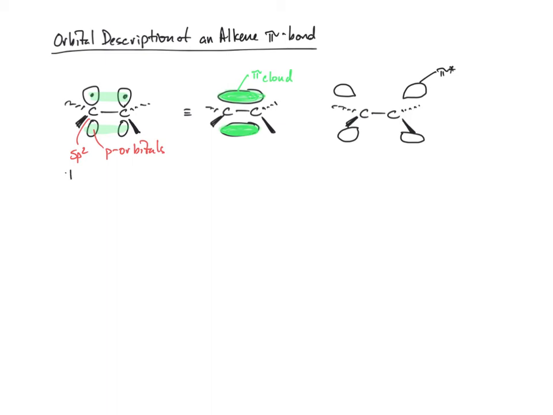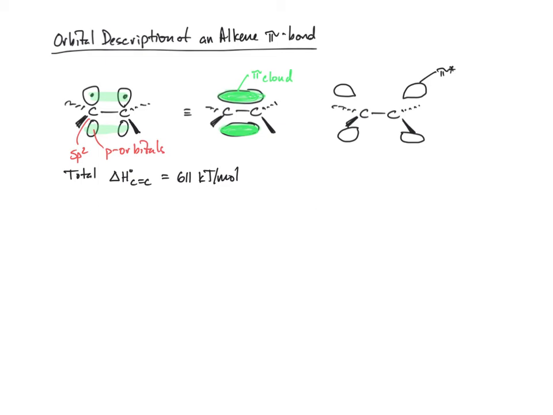So the total bond energy for the pi bond in general, we can say it's 611 kilojoules per mole.